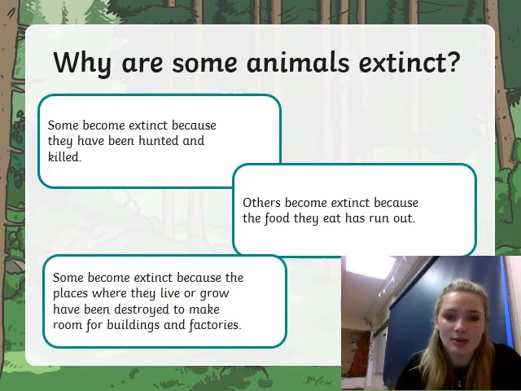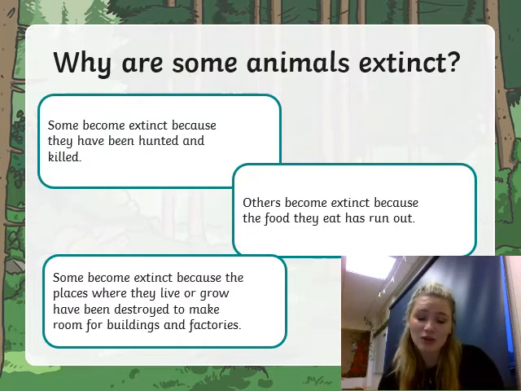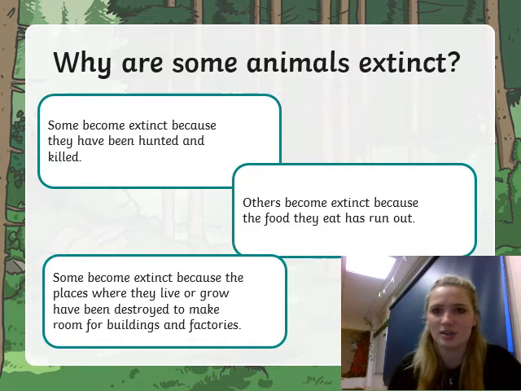And finally, some become extinct because the places they live change, so their habitats might be destroyed, so that there isn't a shelter there for them to be in, and maybe predators might be there to kill them as well. Okay, so different changes to environment, to food, and human impact or other animal impacts can lead to extinction.